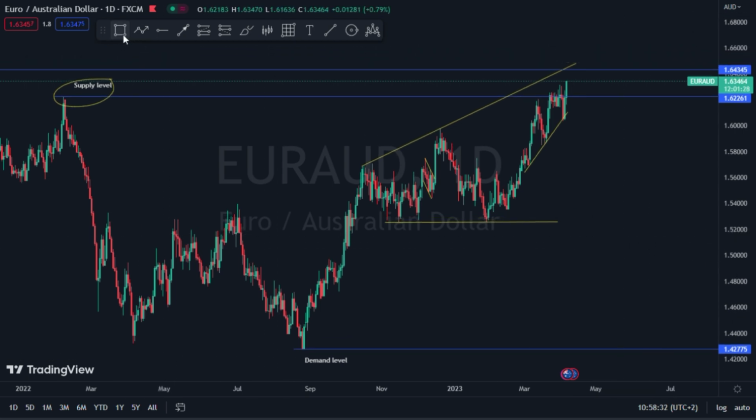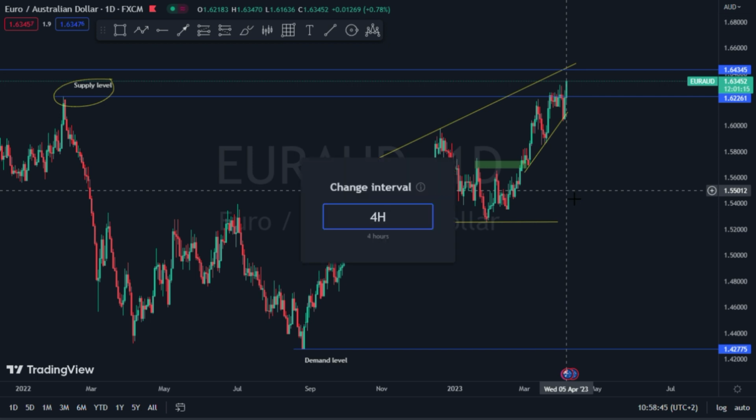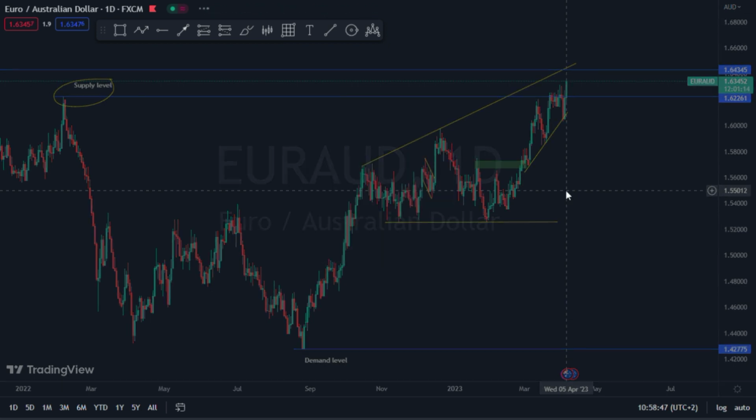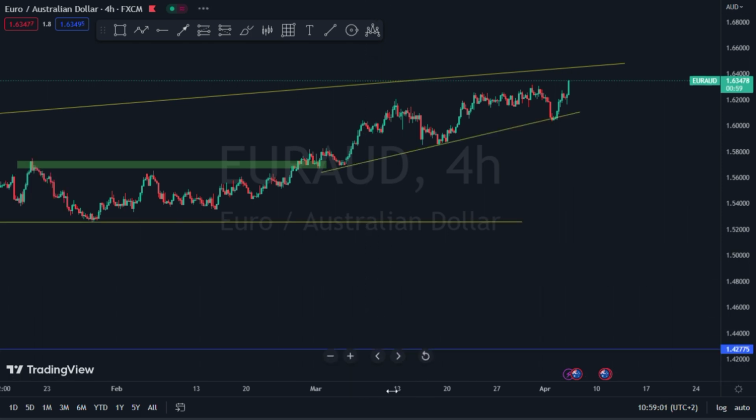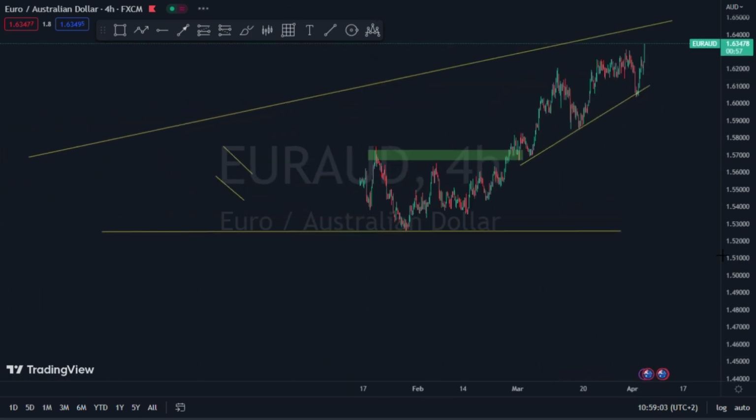So let me show you quickly how I entered this market as soon as the market broke above that level right there, right? If I can just go on to the lower time frame, being maybe the 4 hours time frame, just to give you a quick brief on what happened during my previous analysis of this pair. You can see that the market has been moving in an uptrending direction, right?